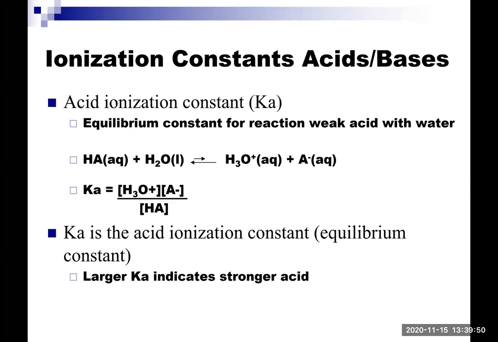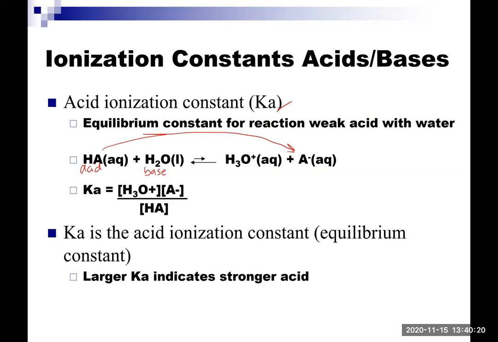The acid ionization constant is represented by this uppercase K and this lowercase a representing acid. If we look at a generic reaction where HA is our acid and water is acting like our base here, you notice that HA becomes A minus in the products, which means that it has one less proton, is more negatively charged by 1.